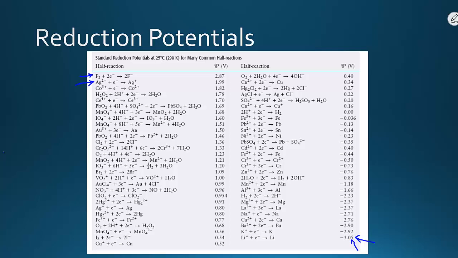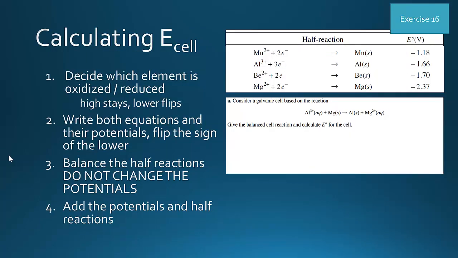It's more likely to be oxidized. While this is a standard reduction potential table, if you were to flip the sign of everybody, it could be the standard oxidation potentials.